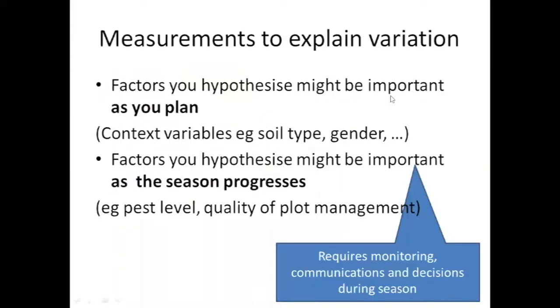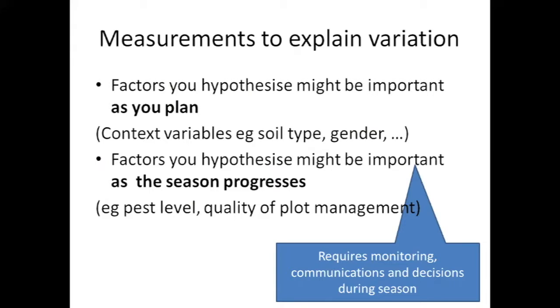So if we're thinking about those things we're measuring to explain variation, they can be factors that you hypothesize might be important as you did the planning. Those are those context variables, the things that we talked about during week 1 of this series.